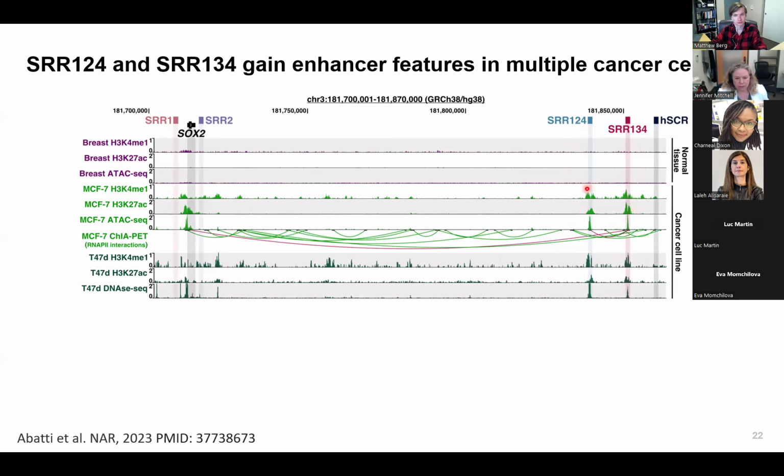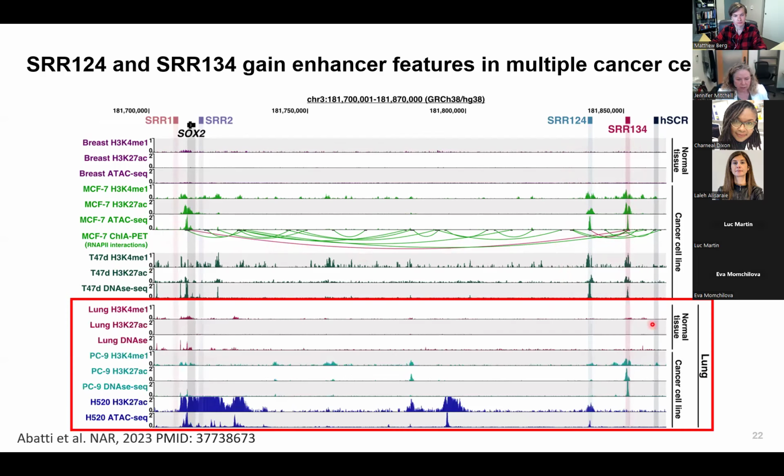They also had those histone modifications associated with enhancers in both contexts, and evidence of a chromatin loop that could link the 134 region to the gene promoter, which is shown in pink there. In lung cell lines that we looked at, we also saw increased accessibility at these regions and histone modifications compared to the normal lung tissue.